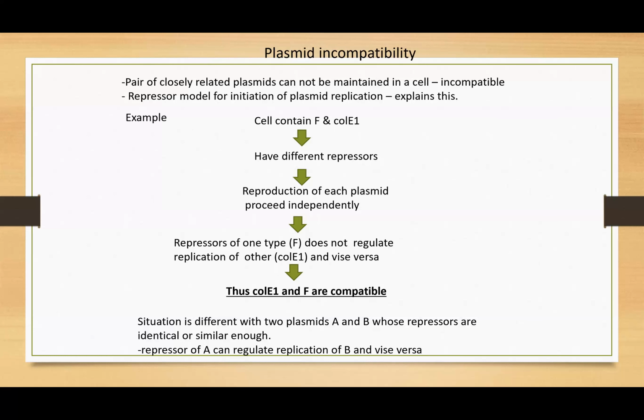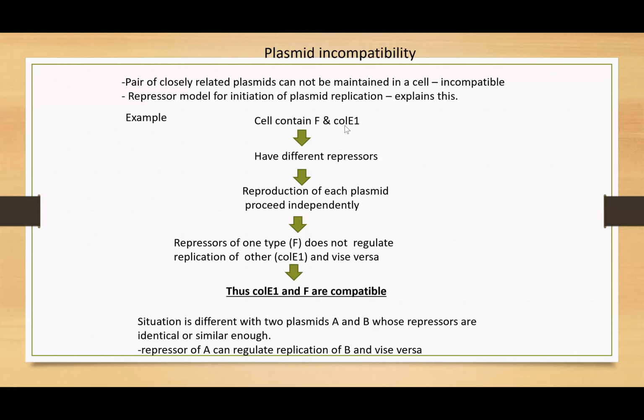Now, for example, if you have these two plasmids, F plasmid and ColE1 plasmid, there is a host cell which contains these two plasmids, and these two plasmids are maintained generation after generation together. So what is happening here?